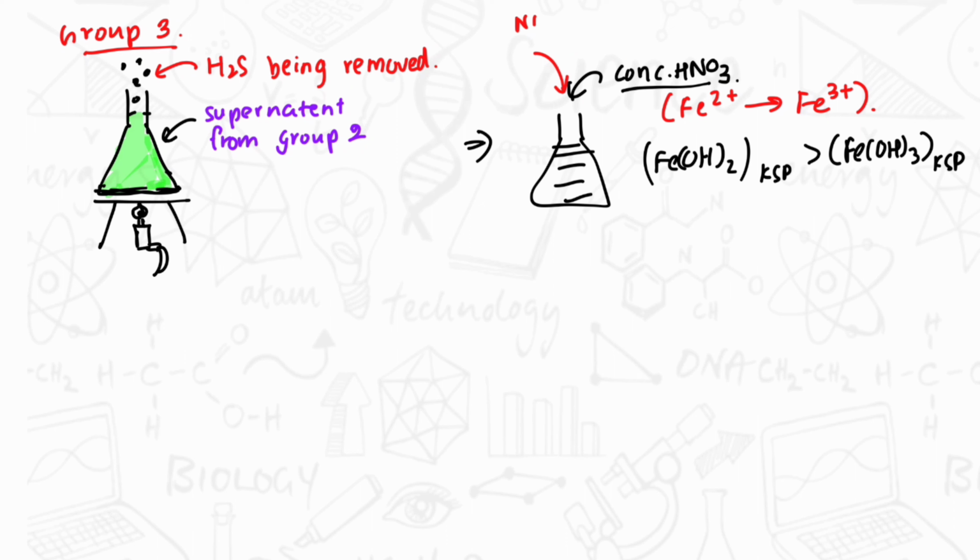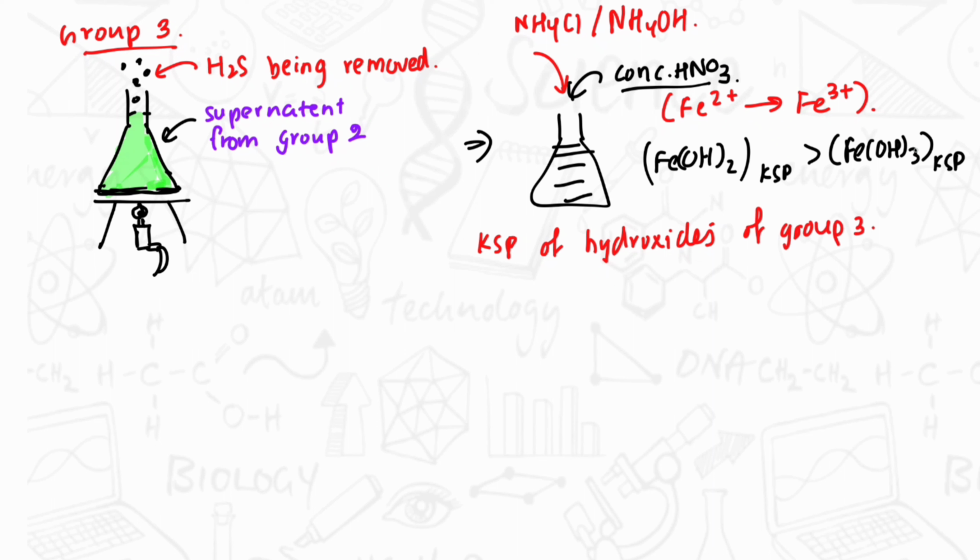After this, we add a buffer solution of ammonium chloride and ammonium hydroxide. Since the Ksp value of hydroxides of group 3 is very small, even low concentrations of hydroxide ions can precipitate them easily. Here we get 3 precipitates.